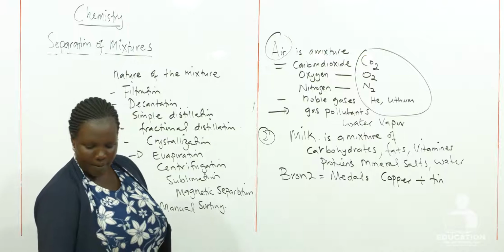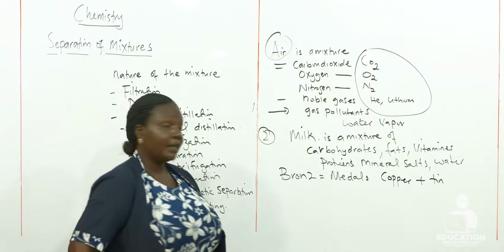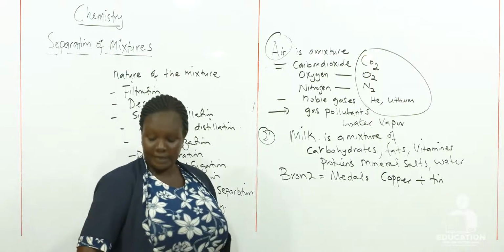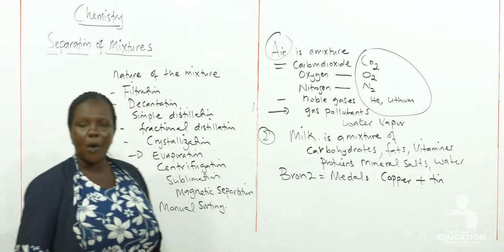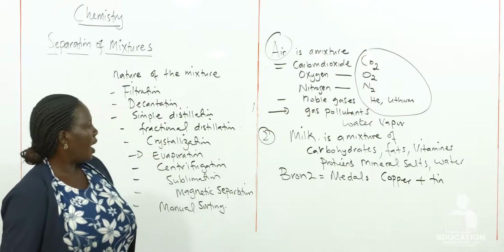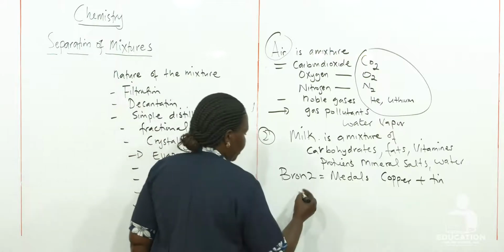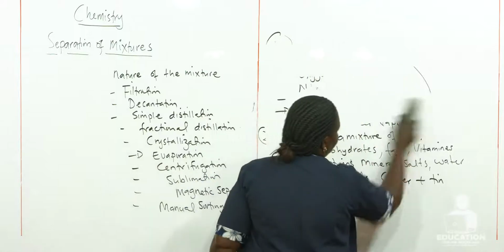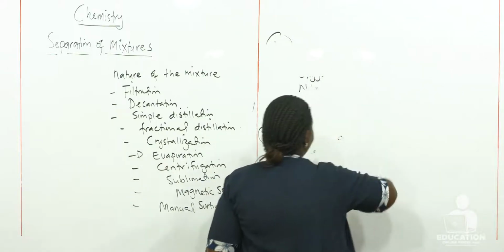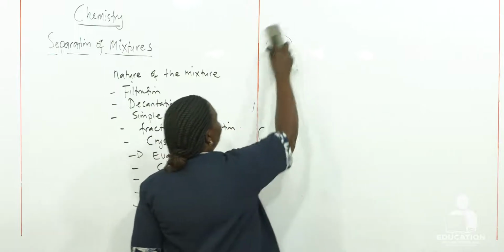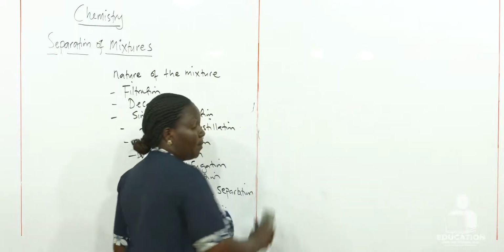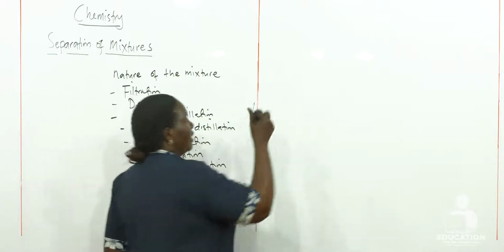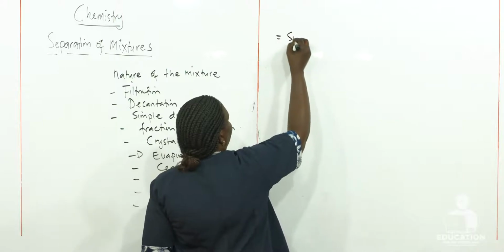Then the method that we use for separating mixtures depends on the physical properties of the components of the mixture. And these physical properties are like solubility.